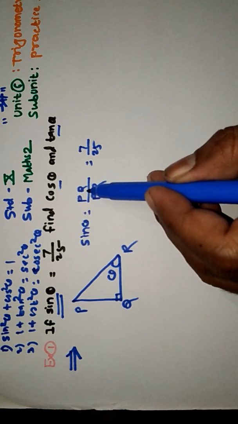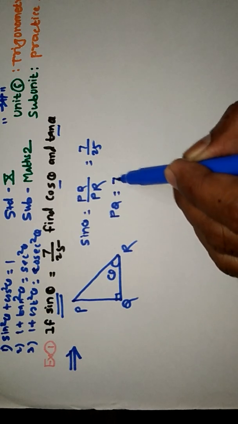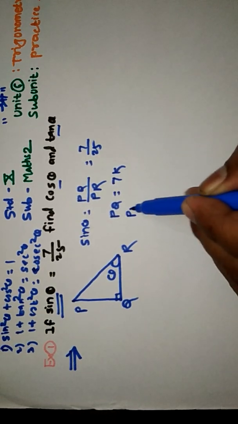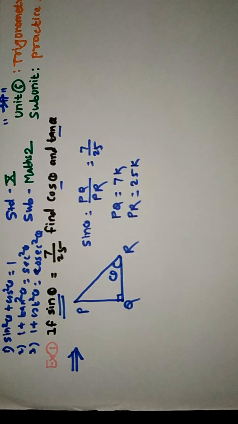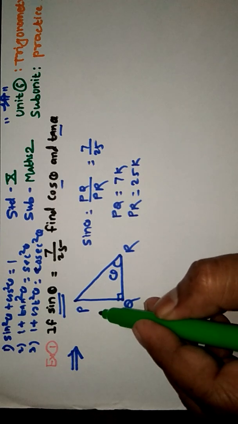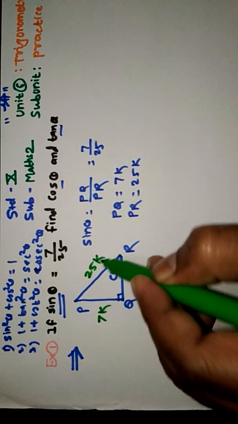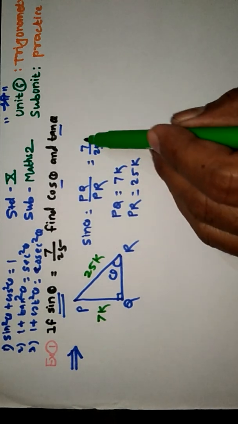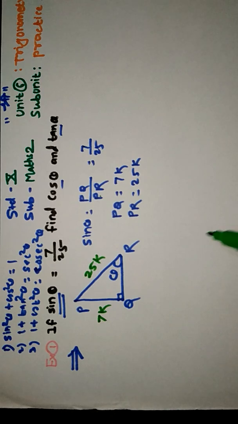So the value of PQ is 7K and the value of PR is 25K. Write these values down in the diagram. This is 7K and this is 25K. Why do we take K? K is the common multiple. So PQ is 7K and PR is 25K.